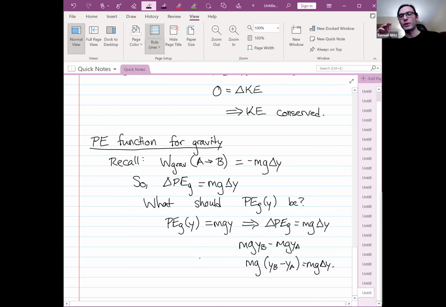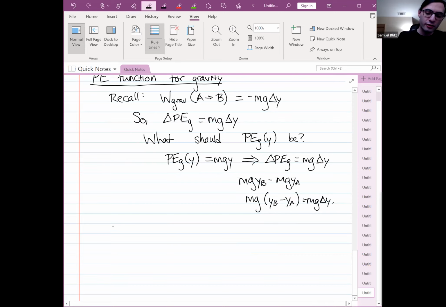But we have to be a little bit slower here, because this isn't the only correct thing that works for the potential energy due to gravity. What if instead I had told you that the potential energy due to gravity as a function of y was mgy plus U naught? It's capital U, where U naught in this case is just a number. It's more than a number.